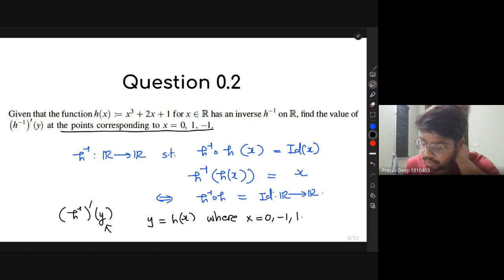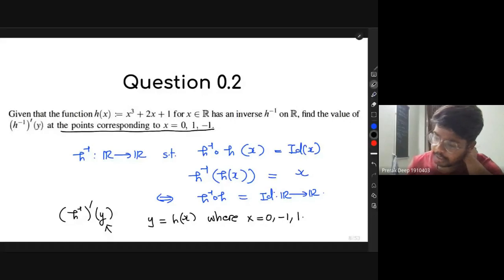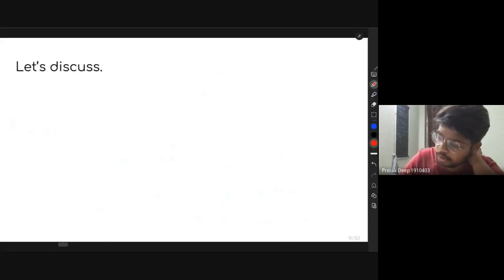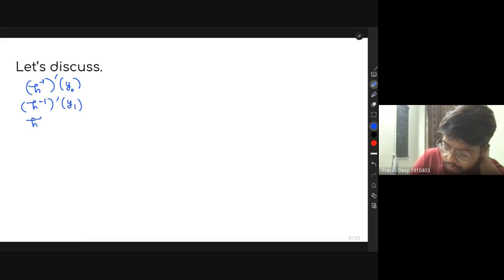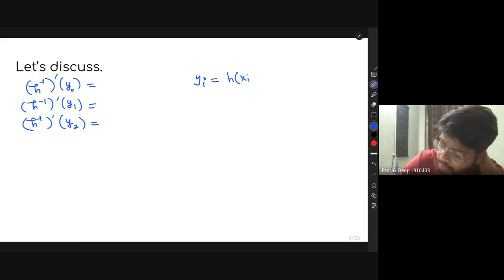Okay, so in other words, you need to find out this derivative. You need to find out these three values, where each yi is equal to h of xi.